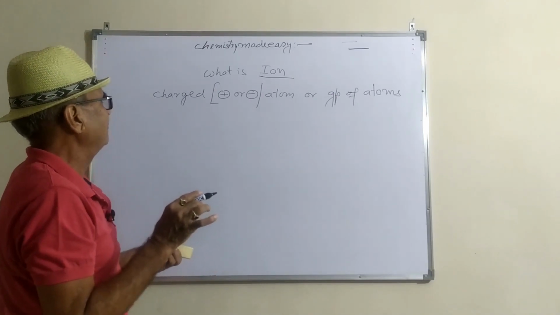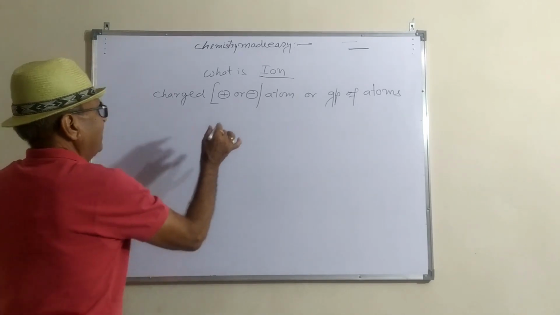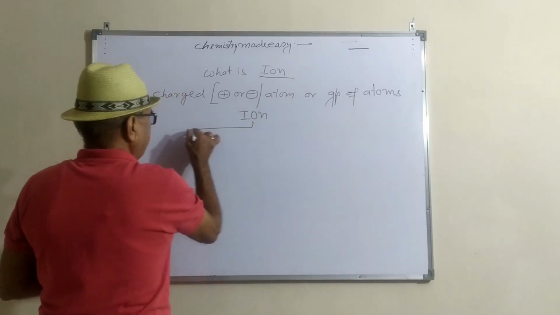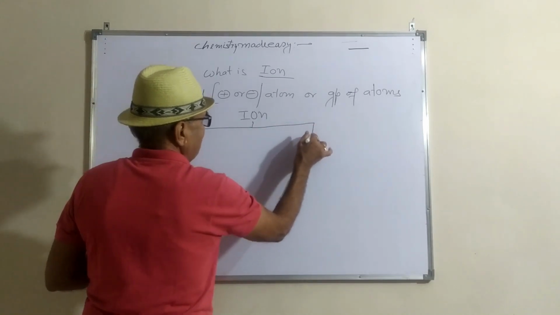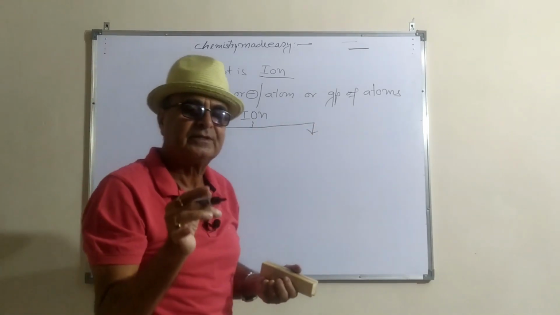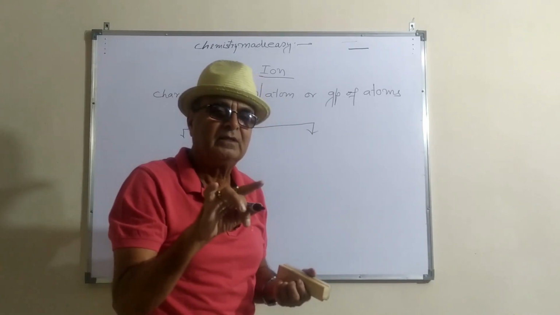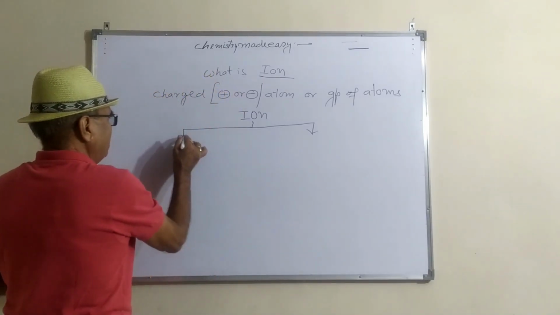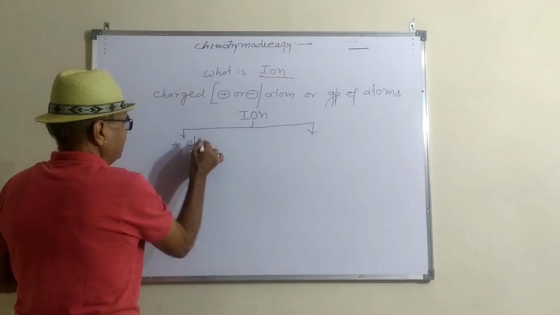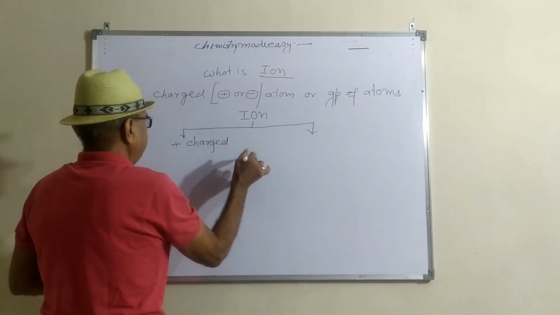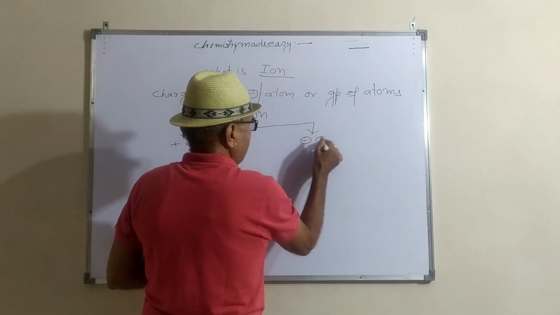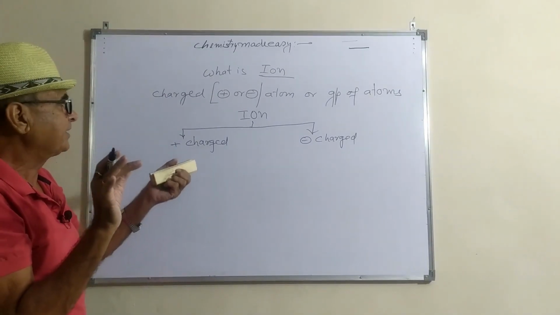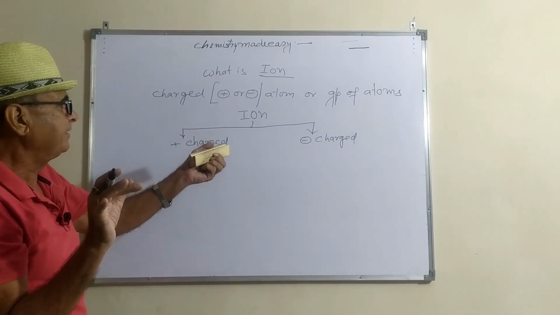On the basis of electrical charge, ions are also of two types: positively charged and negatively charged.